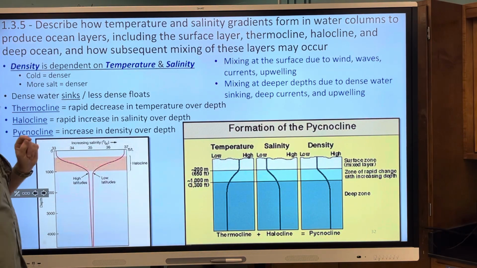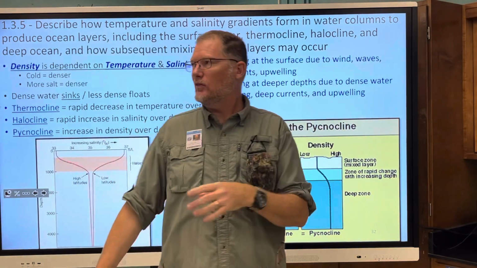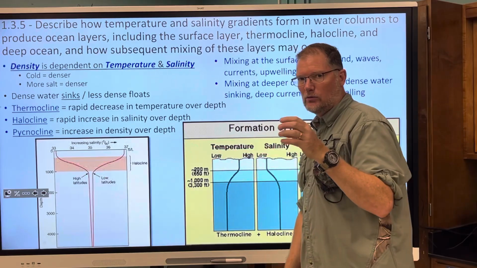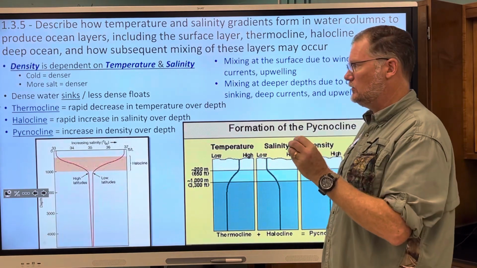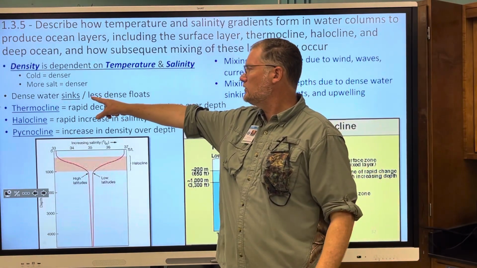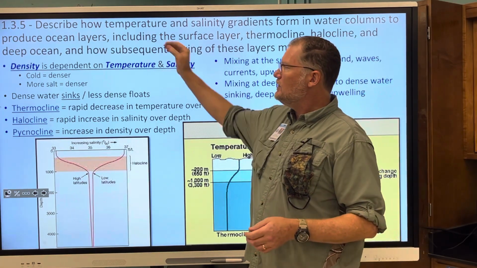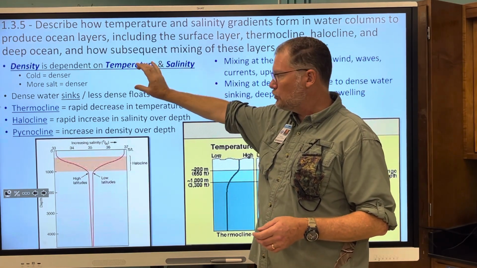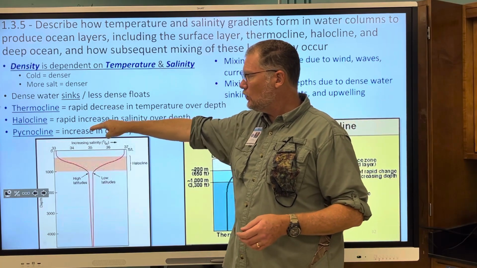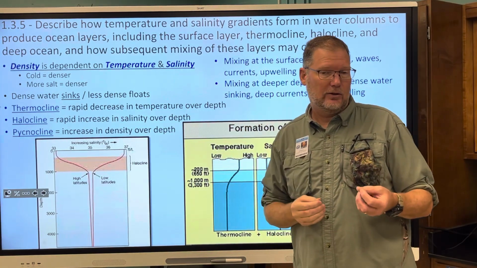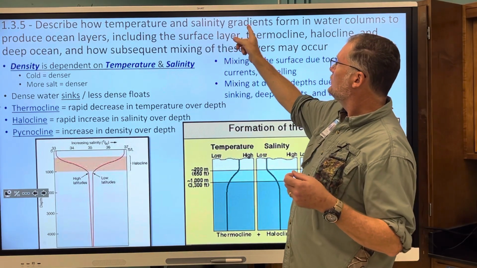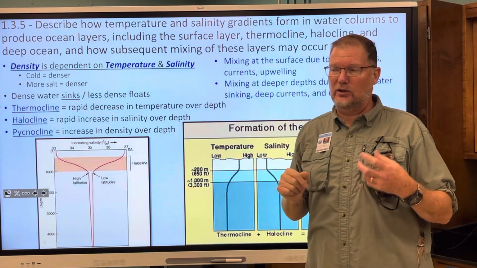The colder, the denser, and the saltier, the more salinity, the denser. And of course, dense water sinks, less dense floats. This is all just a basic concept. And so these behaviors produce these things called clines, or gradient changes in water columns, clines, okay?